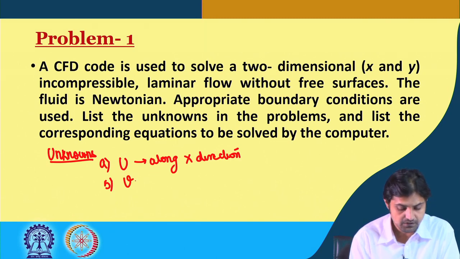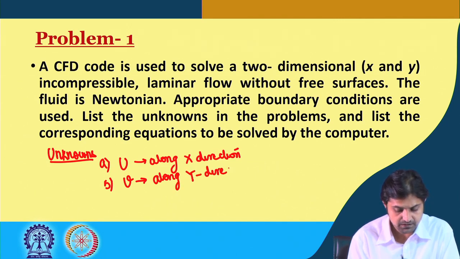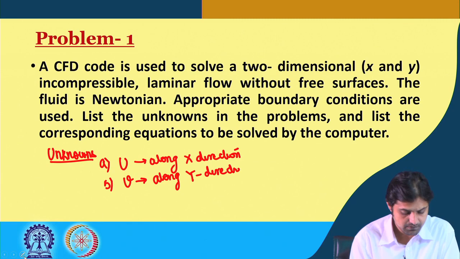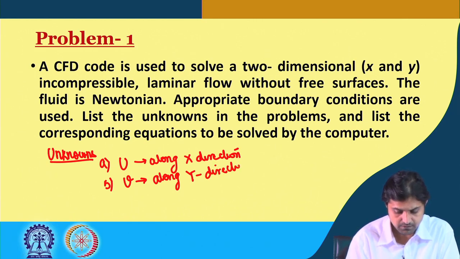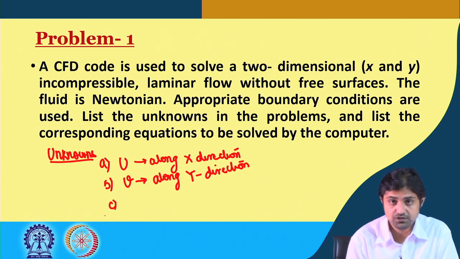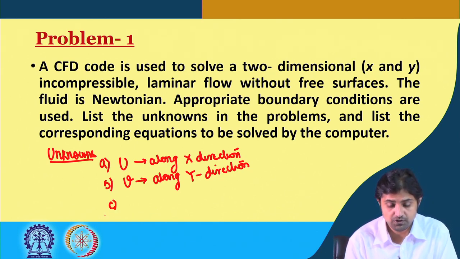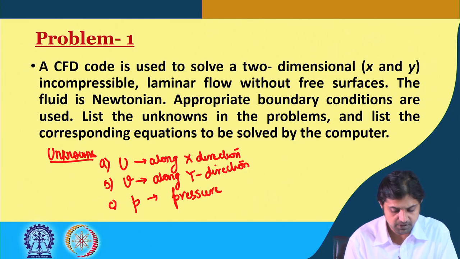Secondly, the velocity v, which is along y direction. The third one is going to be, since there is no third dimension, there is not going to be a w velocity, but there definitely will be p, that is pressure.